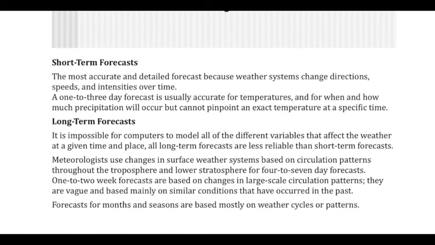So short-term forecasts are usually up to 3 days, and they're relatively accurate in terms of temperatures. They can also be accurate in terms of big weather events. So it is possible to predict a blizzard if you have serious weather coming up on your west.